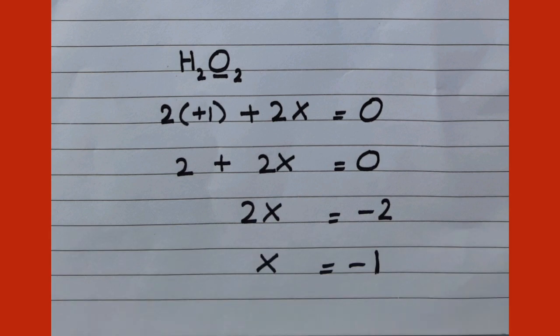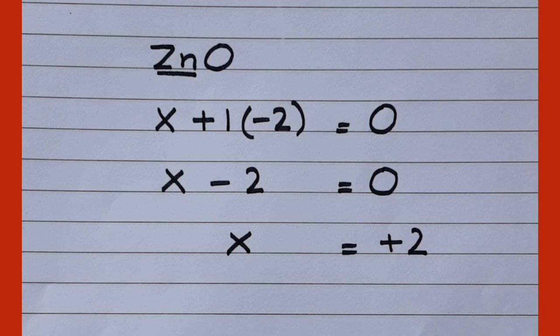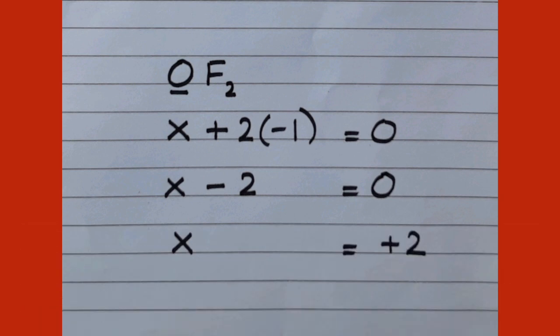H2O2, underlined element O. 2 multiplied by +1 plus 2x equals 0. 2 plus 2x equals 0. 2x equals -2. x equals -2 divided by 2. x equals -1. ZnO, underlined element Zn. x plus 1 multiplied by -2 equals 0. x minus 2 equals 0. x equals +2.